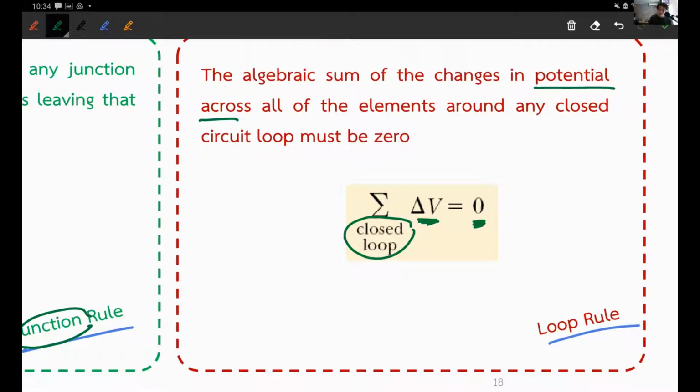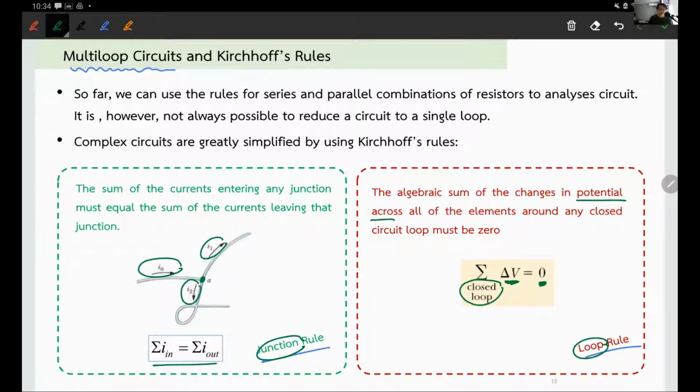Sounds cool? So if you pick a loop, the potential differences across all the elements inside that loop must sum up to zero. That is the loop rule. When you combine these two rules, that is Kirchhoff's rules for multi-loop circuit analysis.